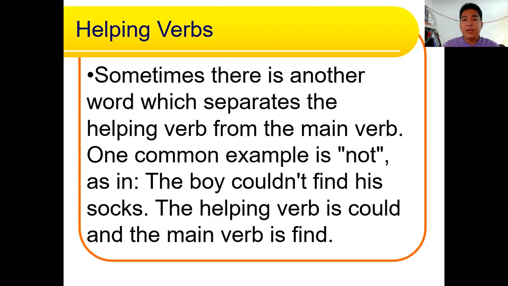One common example is not, as in the boy couldn't find his sock. The helping verb is could, and the main verb is find. Through contraction, we can combine them by omitting some letters.